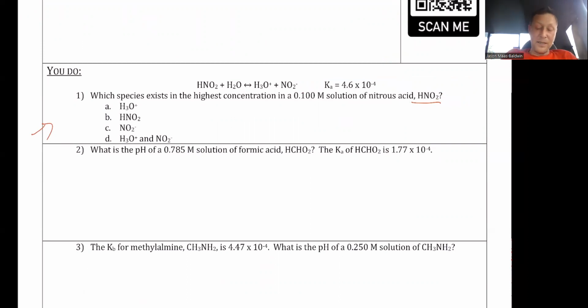Remember that for a weak acid, and you can tell it's a weak acid because it has a Ka of 10 to the minus 4, not much of the acid itself dissociates. Only a very small percentage of the acid actually dissociates. So in this solution there's not much H3O plus and not much NO2 minus, but there's still a lot of the acid in the undissociated form. So that would be in the highest concentration.